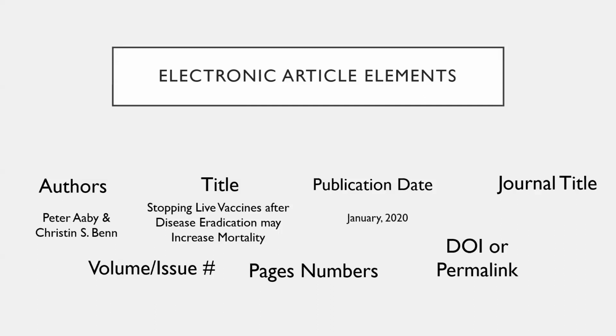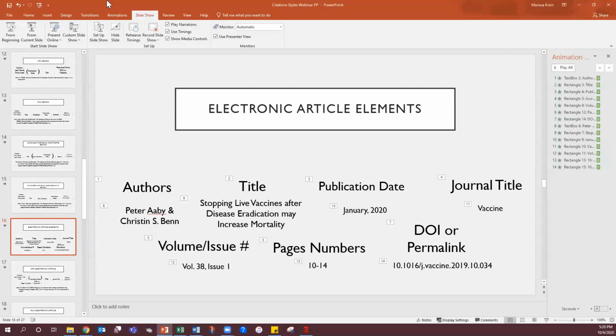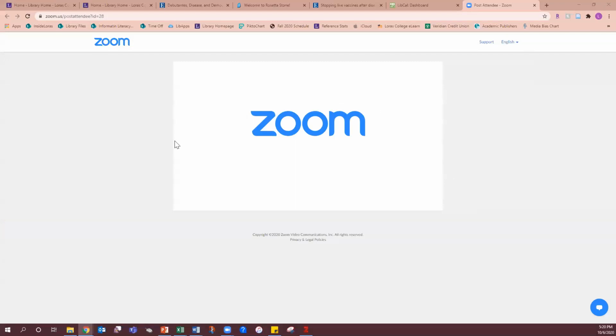Publication date is January 2020. Journal title is Vaccine. Volume is 38 and the issue number is 1. And then you always need to know the page span, so that is 10 through 14. Then you have the DOI or permalink. I'm going to show you how you find all this information for electronic articles.